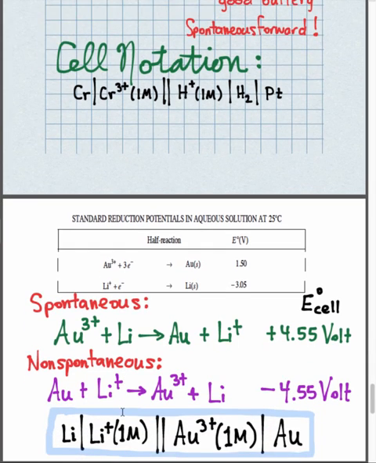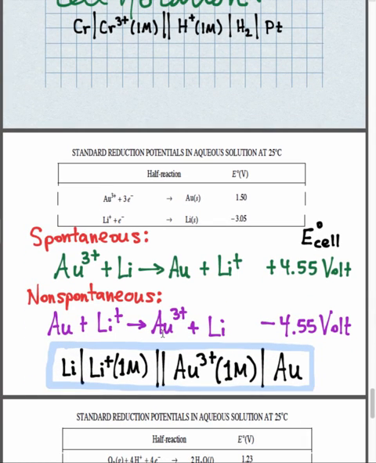We're getting close to the end here. This is also a little bit of an oversight. I would have written 3 lithiums and 3 lithium ions. The spontaneous part would be to say this is more positive than this, so let's leave the gold 3 plus and the gold in place, and 3 lithium ions gaining 3 electrons to become 3 lithium, flip this backwards, 3 lithium atoms losing 3 electrons to become 3 lithium ions.